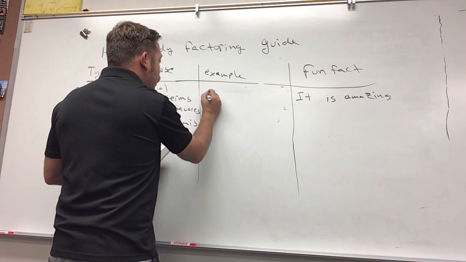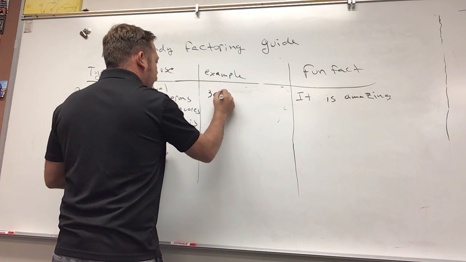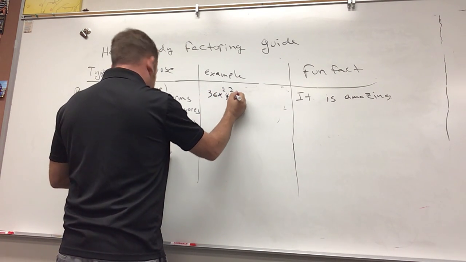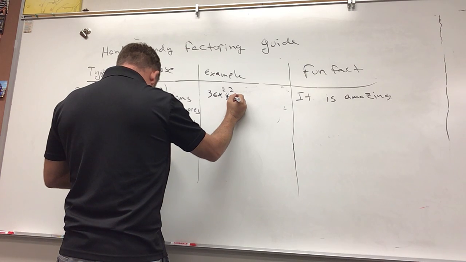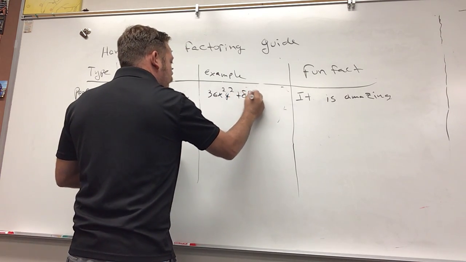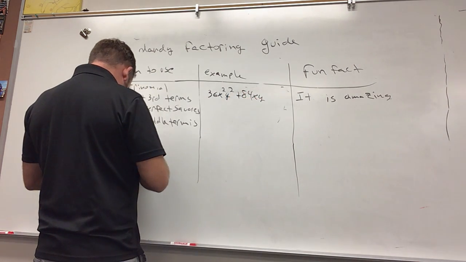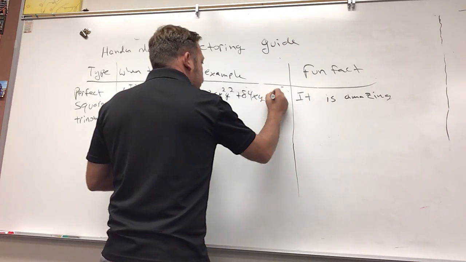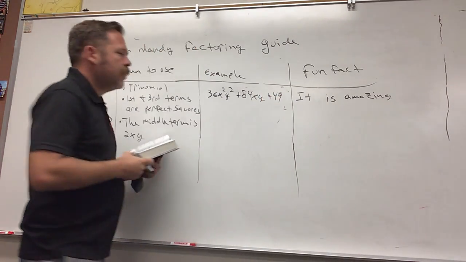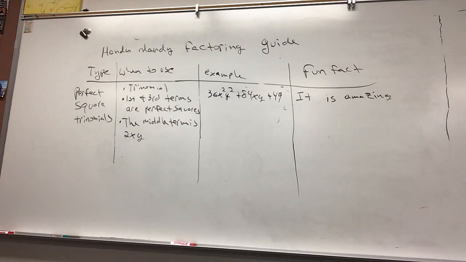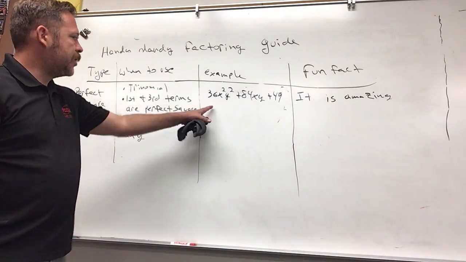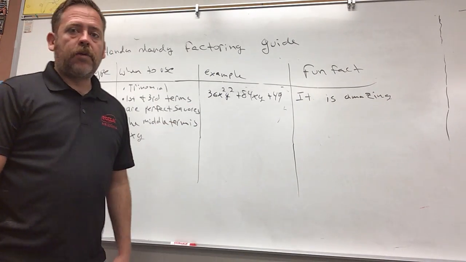And we're going to do 36x squared y squared plus 84xy plus 49. Right off the bat, you see it's a trinomial.